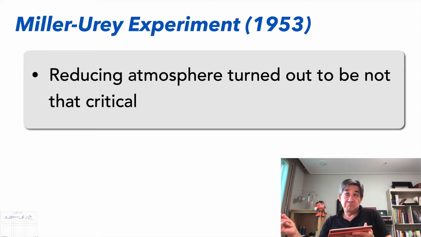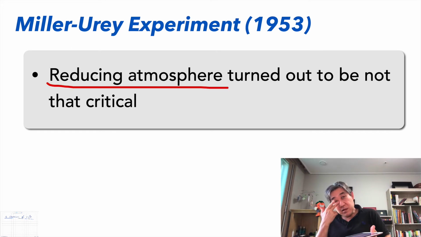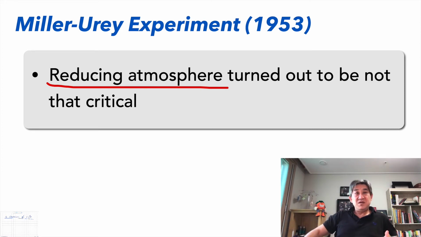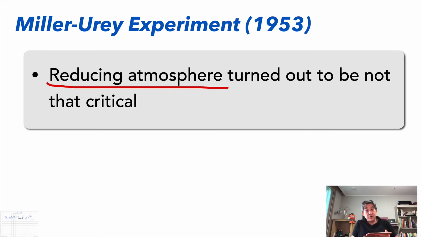And even better yet, this sought after condition of a so-called reducing atmosphere turns out not to be that critical. So even without such a critical reducing atmosphere, the spontaneous generation of such important organic molecules was also possible in the laboratory.